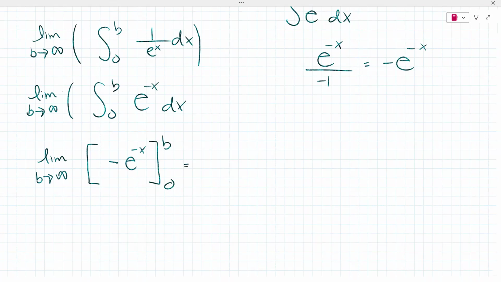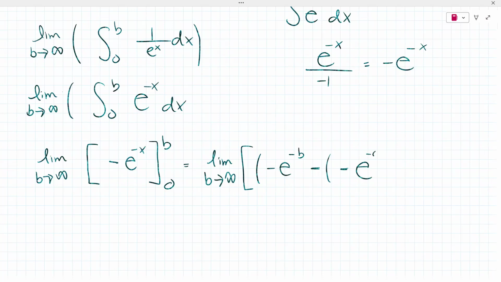So this is going to be the limit as b goes to infinity of negative e to the negative b, minus parentheses negative e to the negative 0.